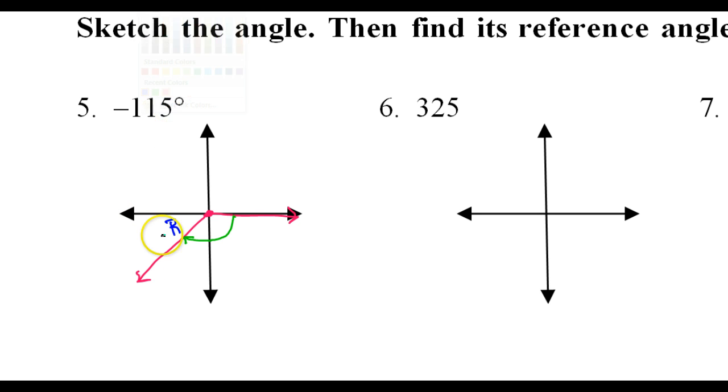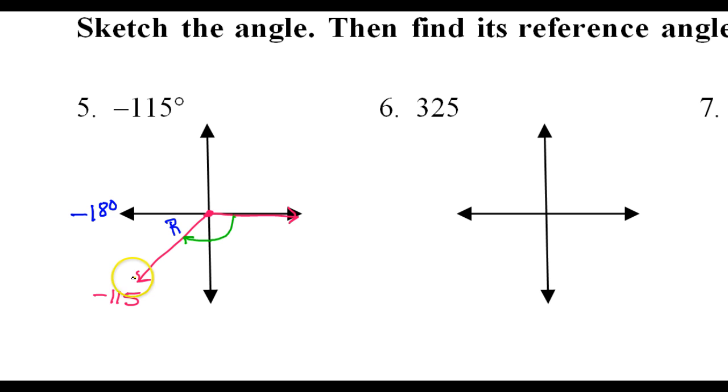The angle that I just did is negative 115. Okay, if I had gone a little bit further, I would have reached negative 180. So it's just a matter of the difference between these two.